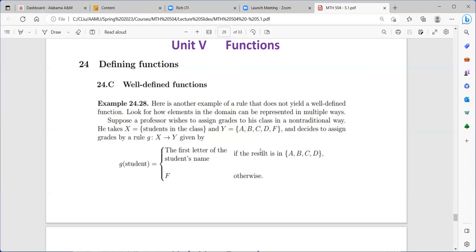If the student name does not start with any of those letters, A, B, C, or D, then the student will get the grade of F.